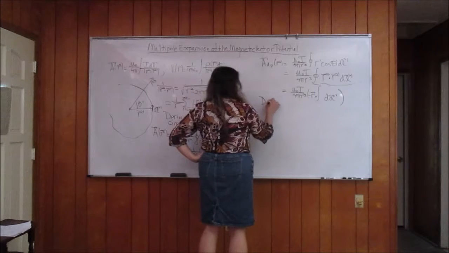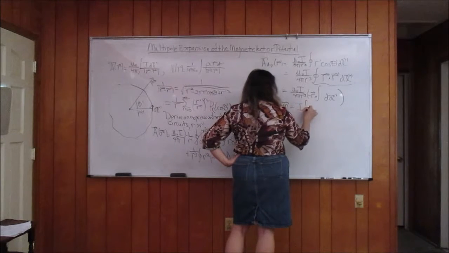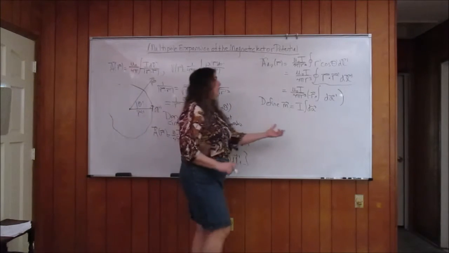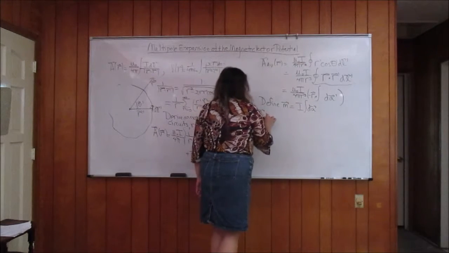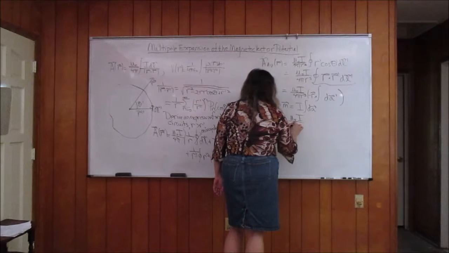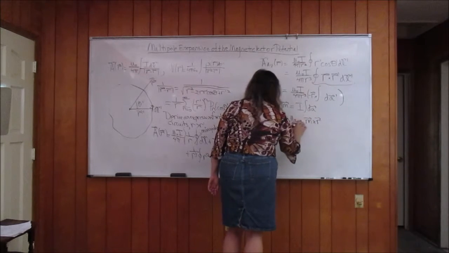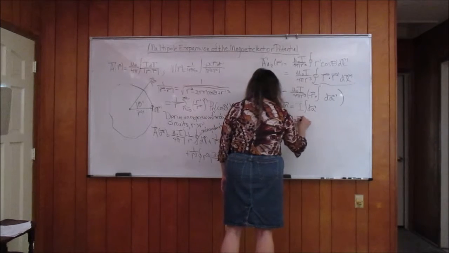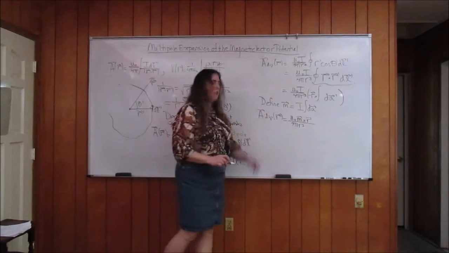If I define m equals the current times the integral, basically the area, and I'm just going to drop the prime here for now, I can rewrite this dipole expression as mu naught m cross r over 4 pi r cubed.